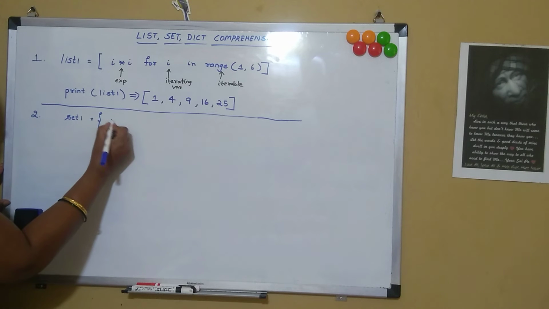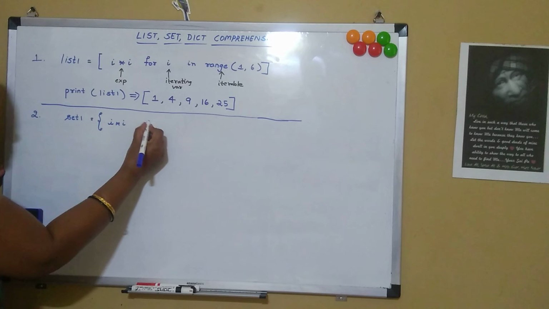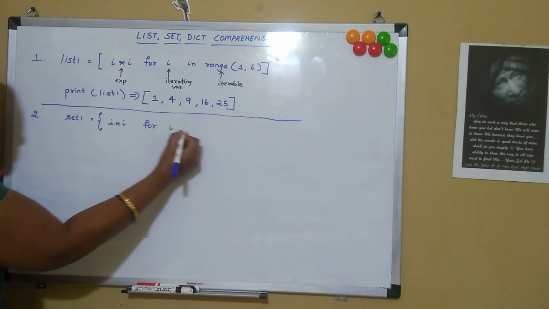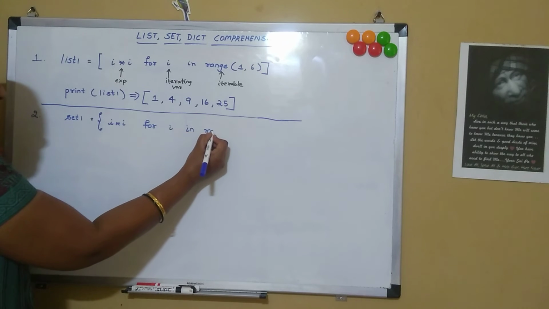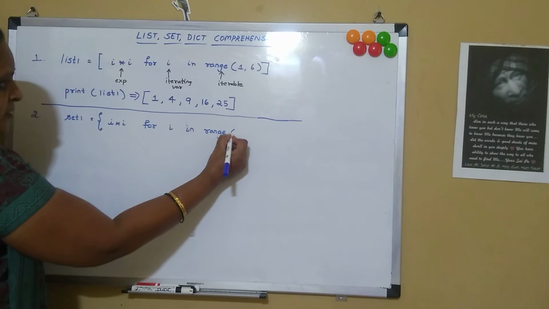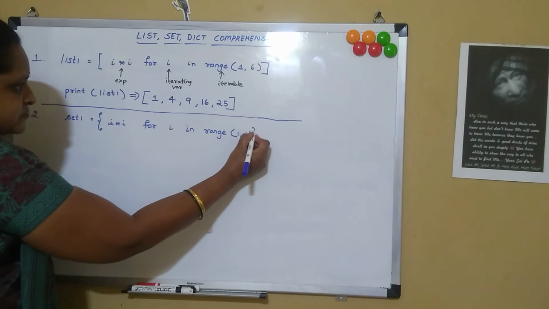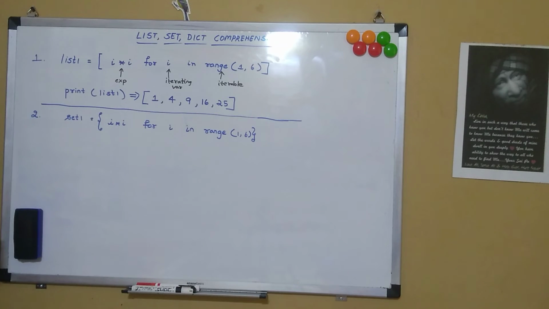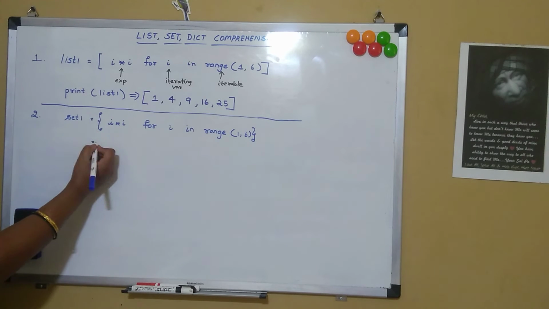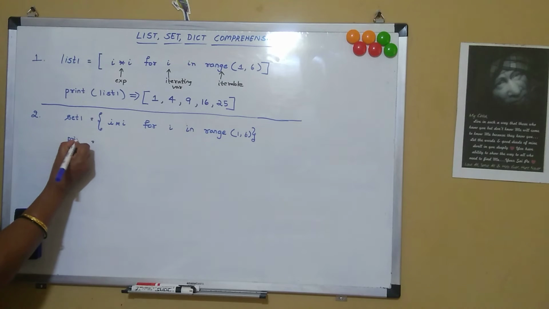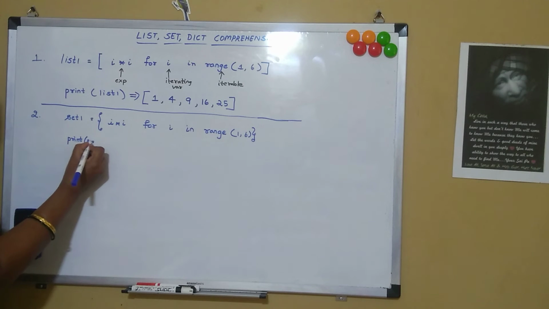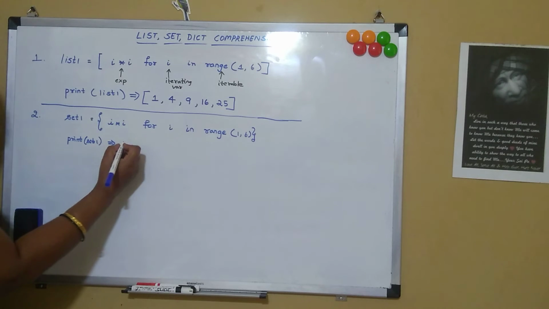And it is the same way, i into i, for i in range 1, 6. Close it with the curly braces. So the same way, instead of square brackets, for a set we go in for the curly braces. And now when I say print set 1, it prints it in this particular way.